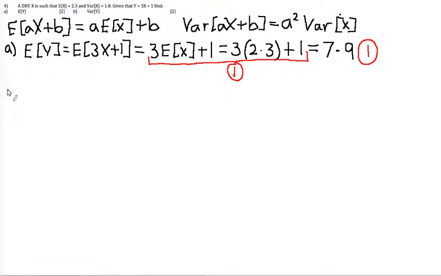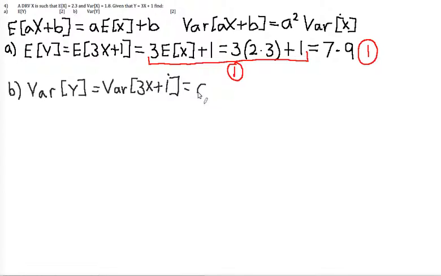Okay, so in part B, part B wants us to find the variance of y, very similar to the expectation. So we're going to write out the variance of y is equal to the variance of 3x plus 1. So that's that function of y. And then we're going to just use our property here that the variance of ax plus b is a squared times the variance of x.